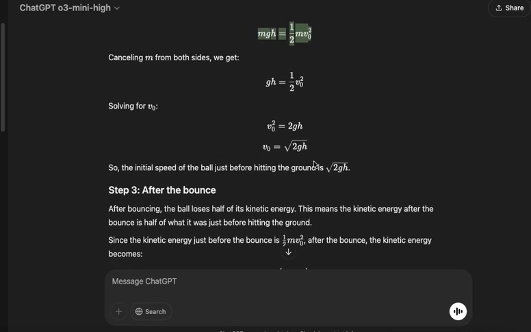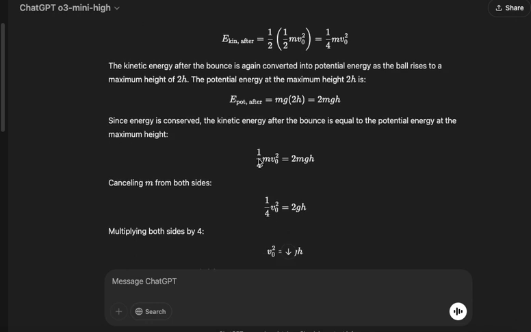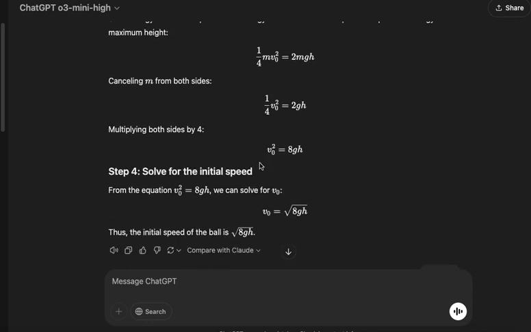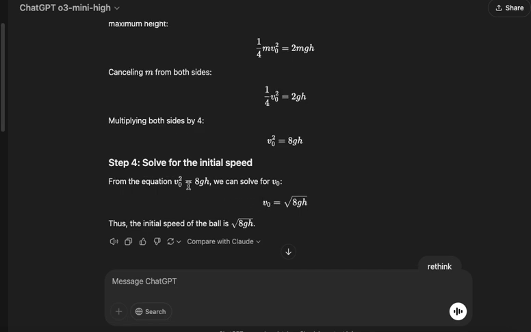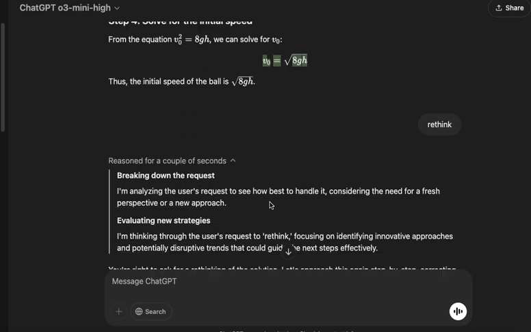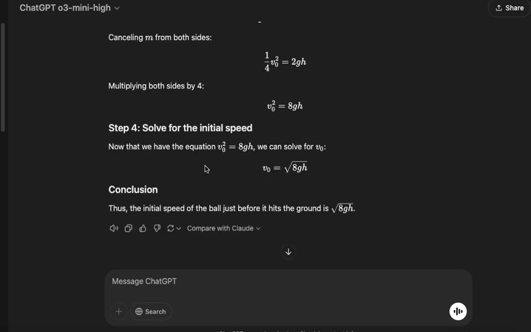It seems to be right, but it does not account for the difference between the total initial energy and the initial kinetic energy. So it overestimated the answer. It's wrong. I asked it to rethink, but the result is the same. So it's not a pass.